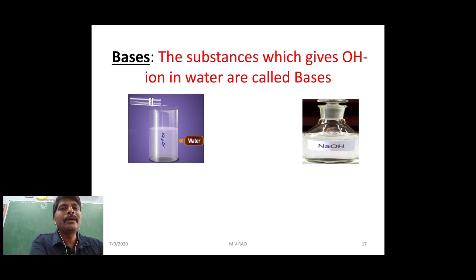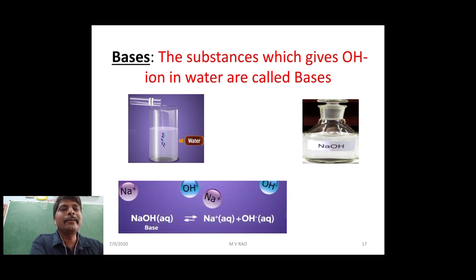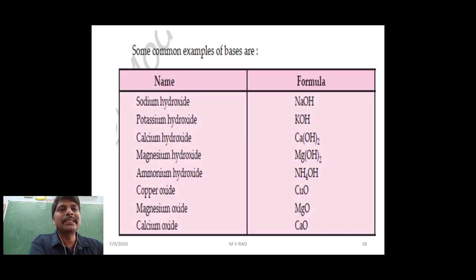If you drop some sodium hydroxide in water, it will ionize and give OH minus ions. Because it is giving OH minus ions, you can consider this one as a base.